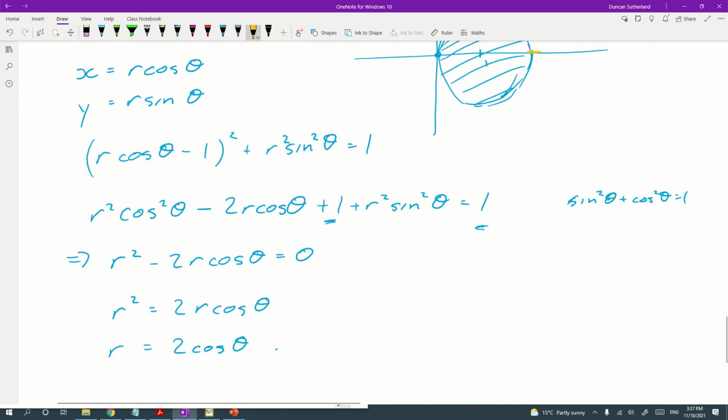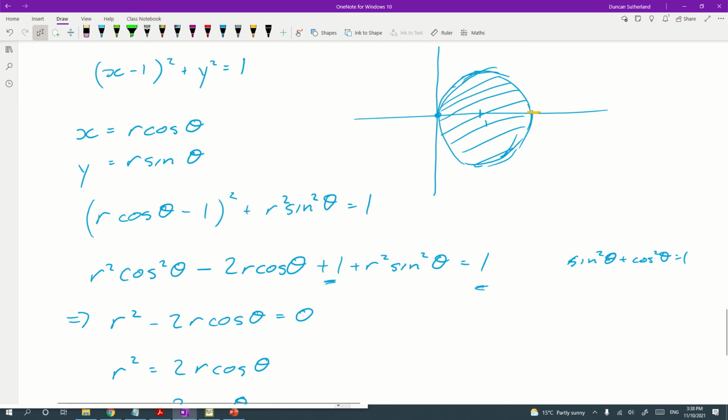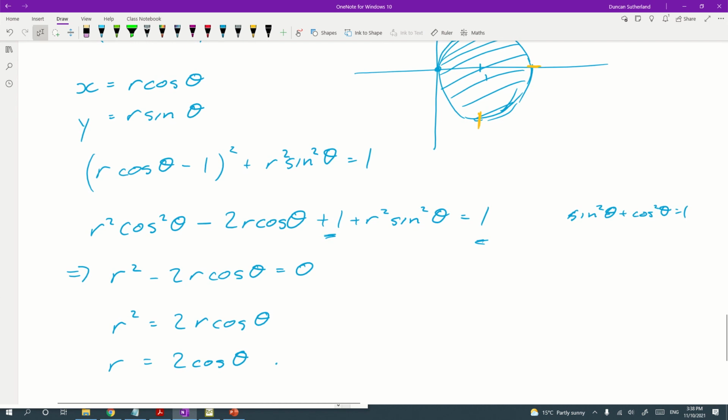It's easiest to describe theta as being from pi on 2, so here, to minus pi on 2 down here. So what we're doing essentially is we're sweeping out our radius in a different way, right?